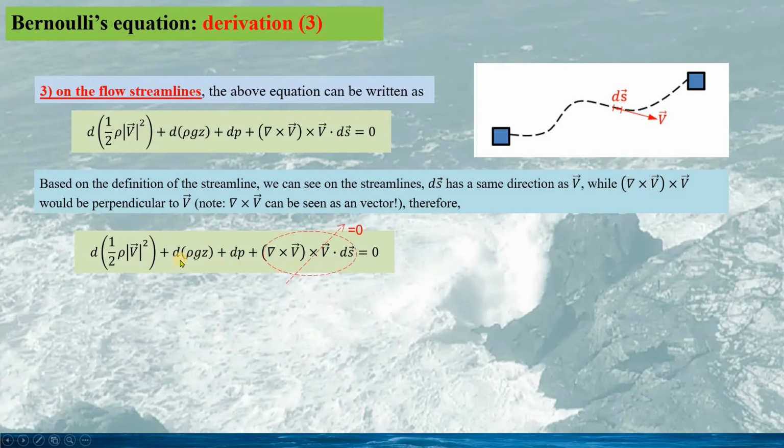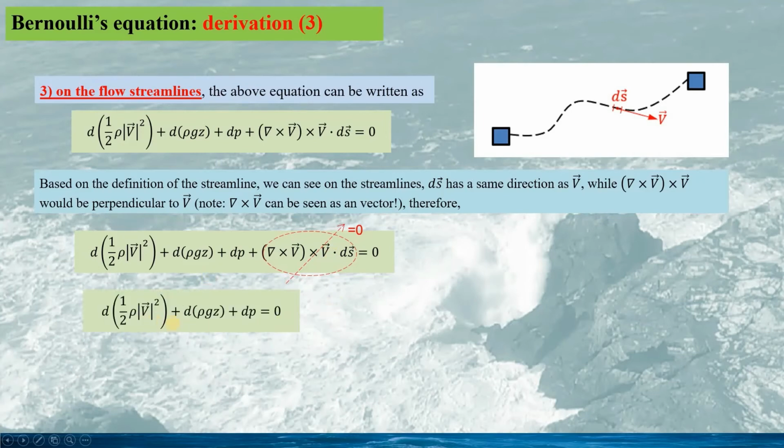So we can see in this equation, the last term on the left-hand side would be 0 because the vector ds is the same direction as v, but this term is perpendicular to the velocity vector. Therefore, the dot product of these two terms would be 0.